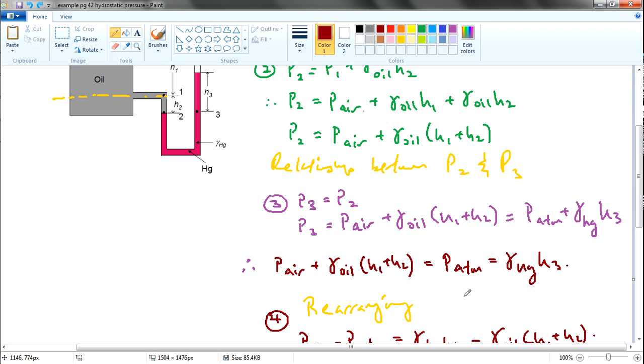So P3 is equal to P2, right? So P2 is equal to this, and this is P3, and then this is the other form. Sorry, this is supposed to be written as P3. But you get my intuition.